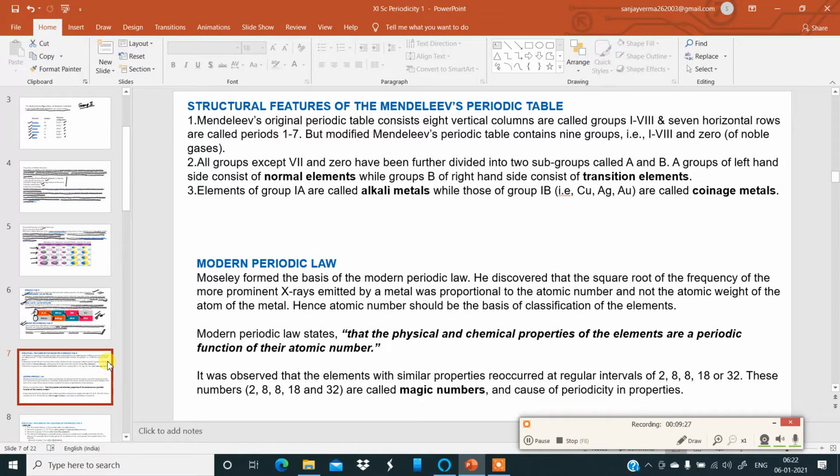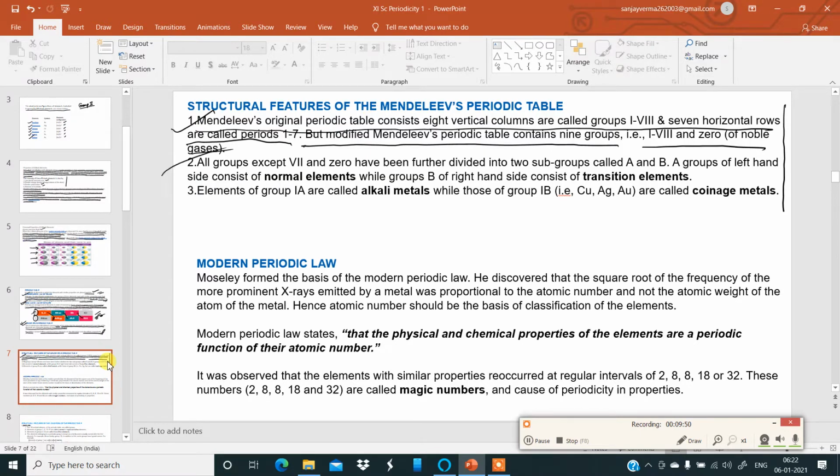Coming to the structural features of the Mendeleev periodic table. This is all history. Point 1: Mendeleev's original periodic table consists of 8 vertical columns called groups 1 to 8 and 7 horizontal rows called periods 1 to 7. But the modified Mendeleev's periodic table contains 9 groups, that is 1 to 8 and 0 of noble gases.